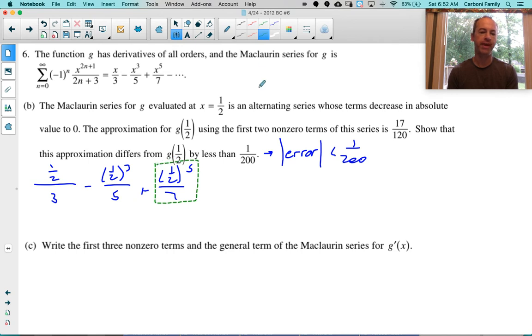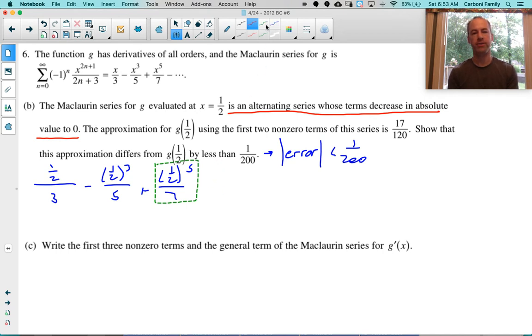And I think I'm going to put that in writing. Typically, when you're using the error bound for an alternating series, you need to include this in your explanation. You need to actually write the series is an alternating series whose terms decrease in absolute value to 0. Therefore, the error is less than the first omitted term. However, since they put that sentence in the question, they're saving you from having to do that.